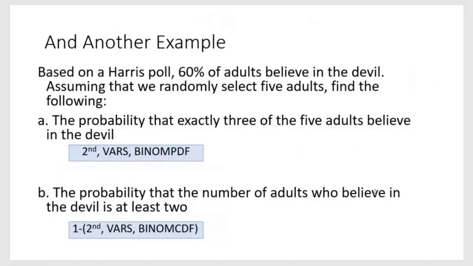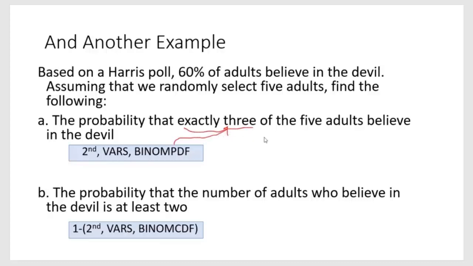Okay, so let's look at another example. Based on the Harris poll, 60% of adults believe in the devil. Assuming we randomly select 5 adults, find the following. Find the probability that exactly 3 of the 5 adults believe in the devil. 3 of the 5. So what you're going to need to know when you go to your binomial PDF, the reason it's a PDF is because it's particular.